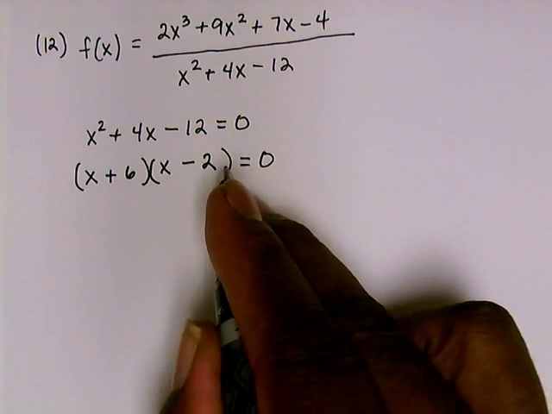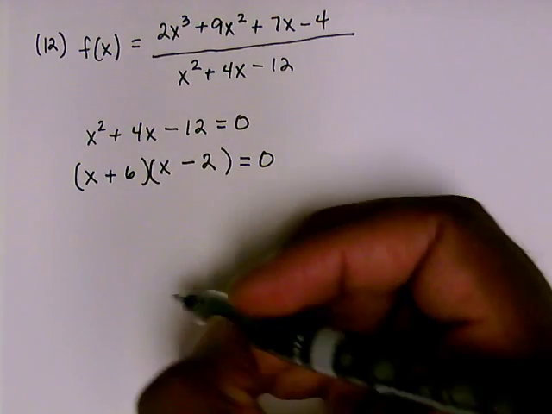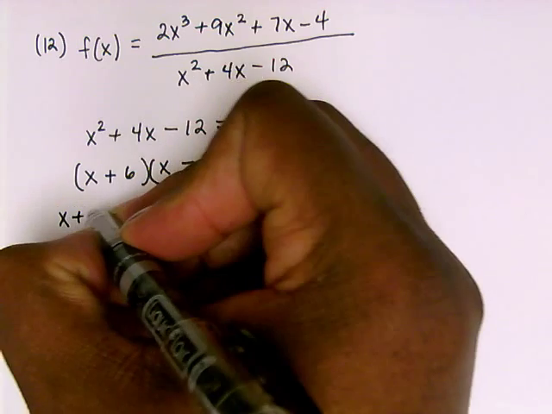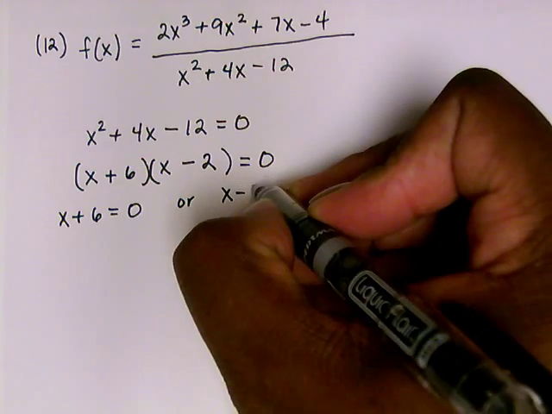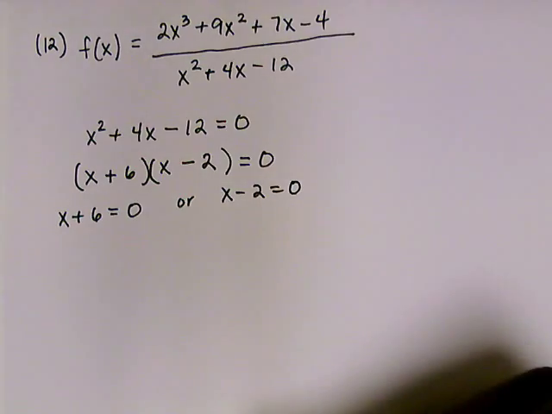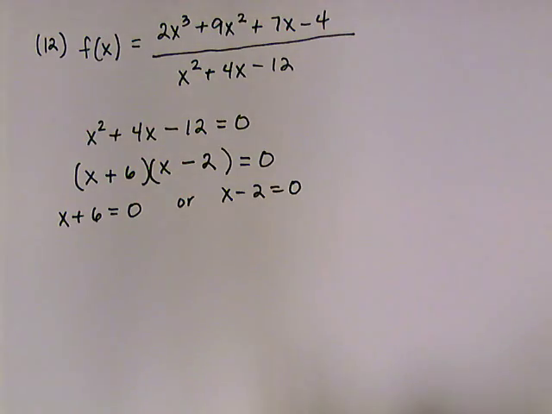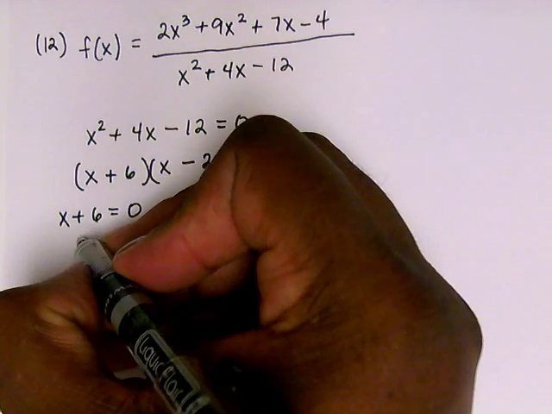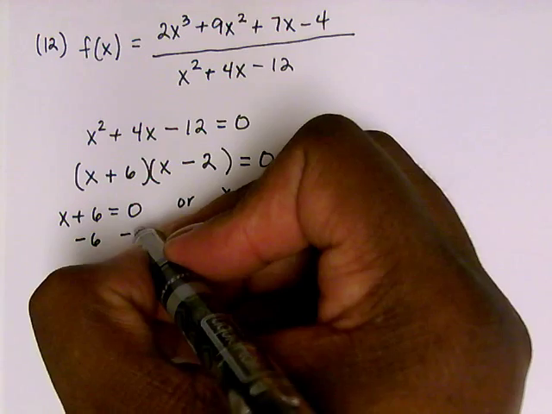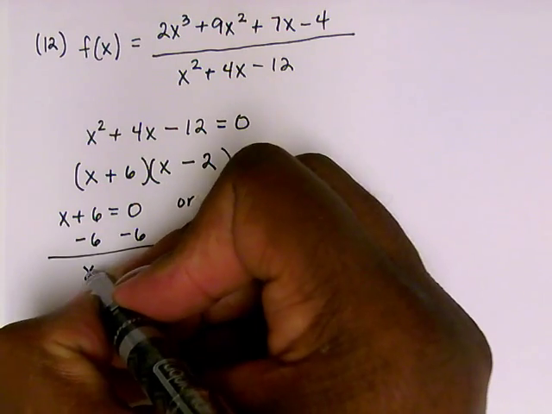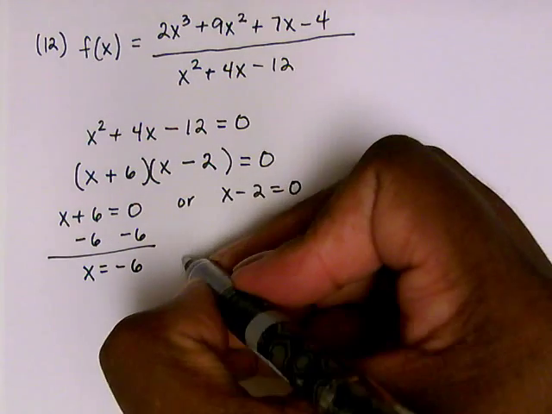And then I'm going to set each binomial factor equal to 0. So I'm going to have x plus 6 equal to 0, or x minus 2 equal to 0. And then I'm going to solve each one of these for x. If I have x plus 6 equal to 0, that would mean x is equal to -6.